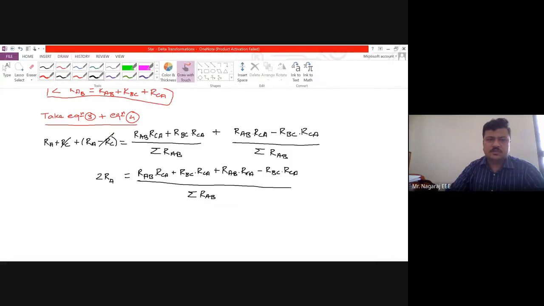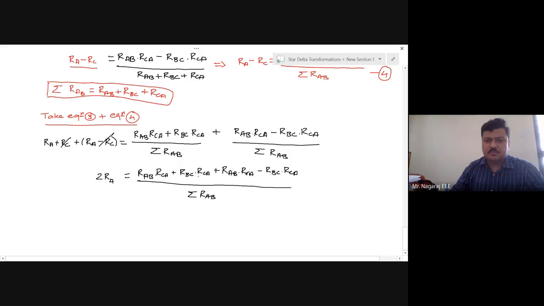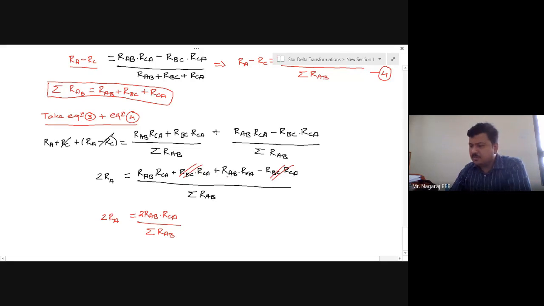So here on the RHS, some terms will cancel out. Plus RBC RCA minus RBC RCA will cancel out here. So on the RHS, what we get is 2 RA is equals to 2 RAB RCA divided by summation RAB. Okay, so RAB into RCA plus RAB into RCA. So it is 2 RAB RCA divided by summation RAB. So take this as equation 5.